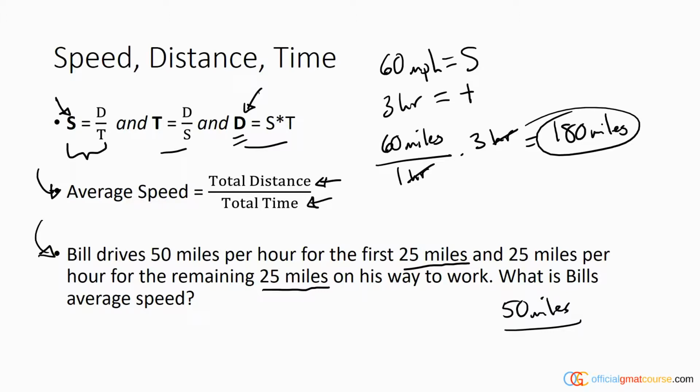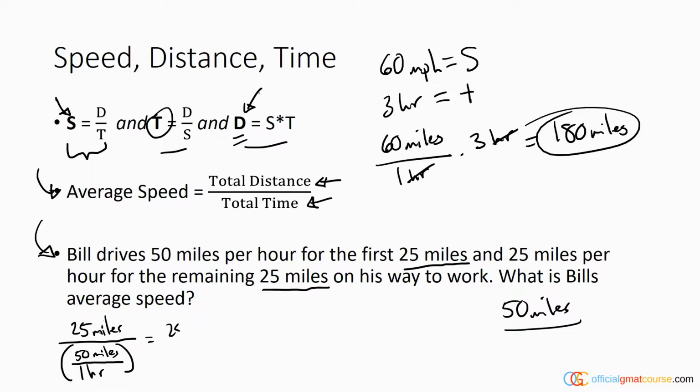For the first part, time is distance over speed. The distance was 25 miles, and the speed was 50 miles per 1 hour. When you're dividing by a fraction, you can multiply by the reciprocal.